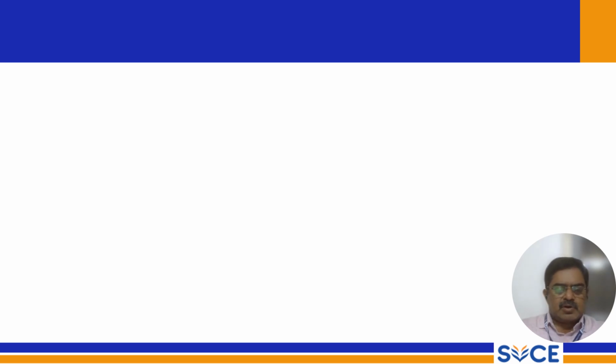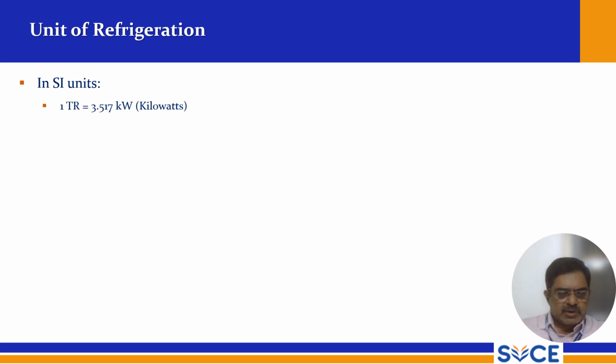Let me give units in terms of many parameters, and you should remember all these units, students. Unit of refrigeration in SI units: 1 ton of refrigeration equals 3.517 kilowatts. This is a very important number, you should remember.